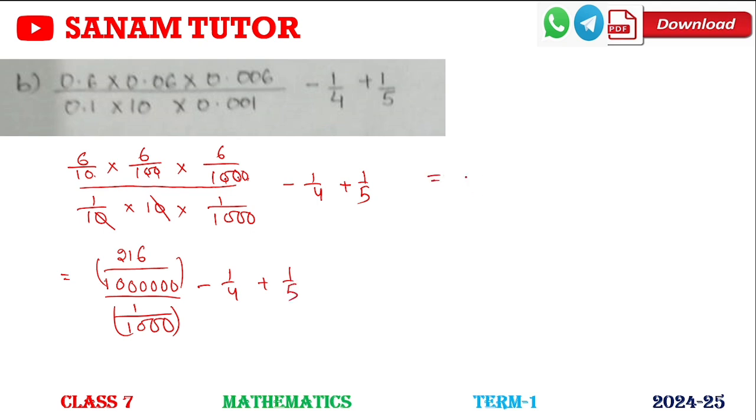Now we can write 216 divided by 1 triple 0, divided by 1 by 1 triple 0, minus 1 by 4 plus 1 by 5. Okay.